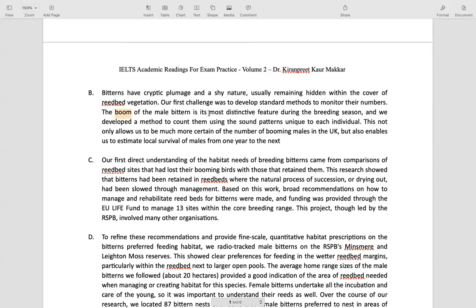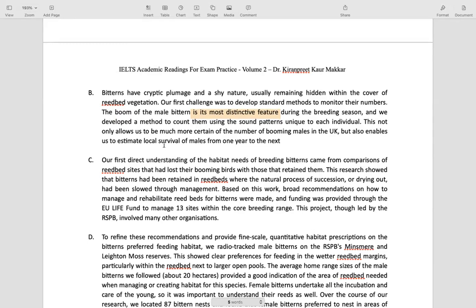It's a feature. See, the boom of the male bittern is its most distinctive feature. I don't know what boom is, but it's saying it's a feature. It's a feature of that animal. Is it clear? Yes. Okay.